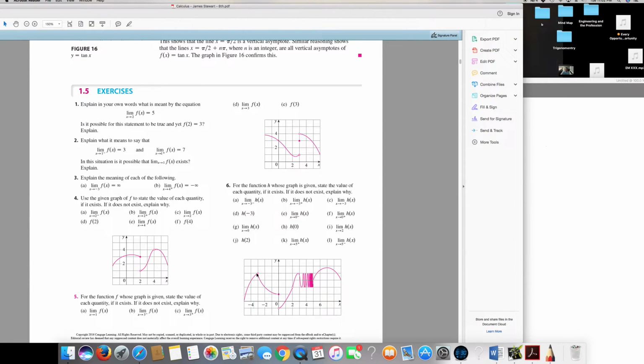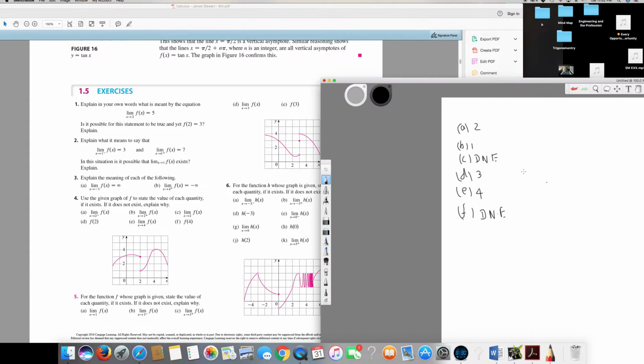When it approaches -3 from the left-hand side, what is the y value? The y value is going to be 0, 1, 2, 3, 4. So 4 is the answer for this question. 6a is going to be 4.